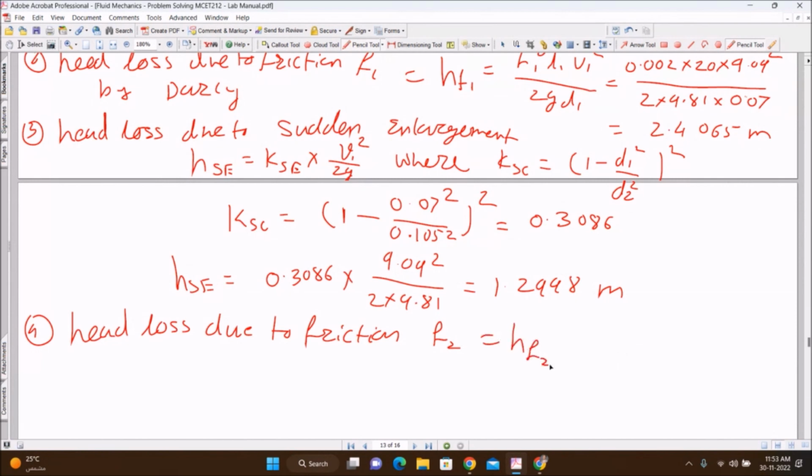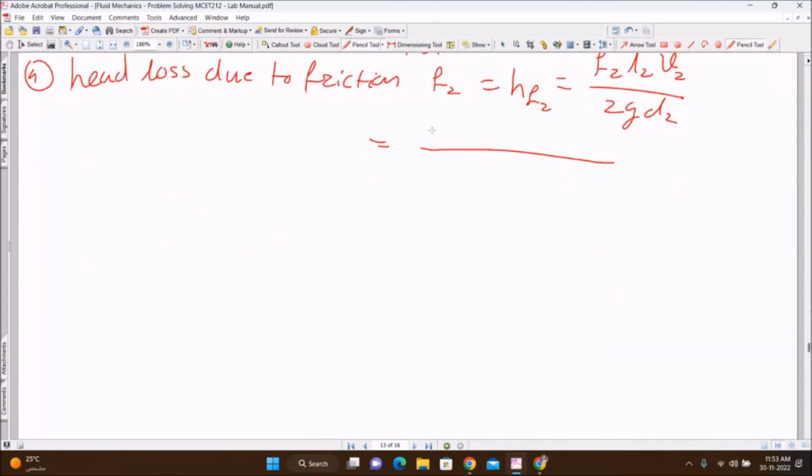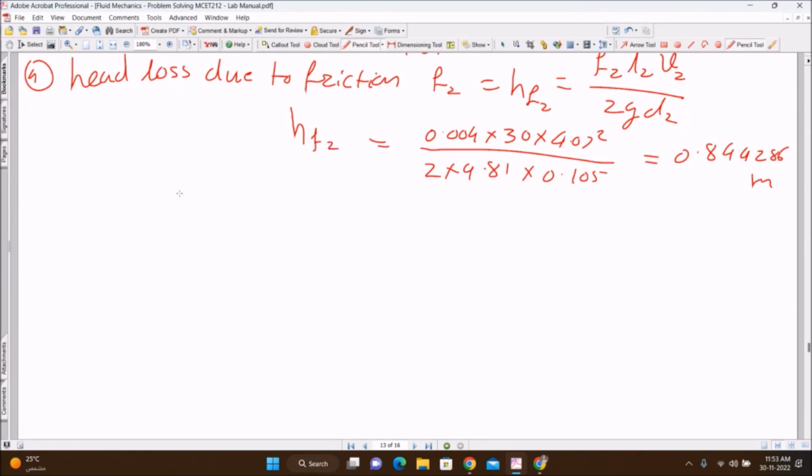Number 4, head loss due to friction F2 is equal to HF2 is equal to F2 L2 V2 square divided by 2G D2. So put the values, 0.844286 meter. So this is HF2.